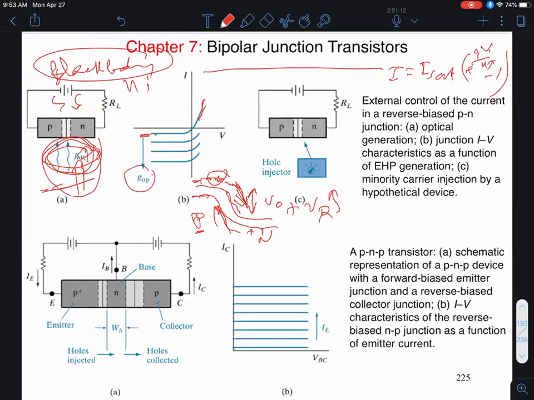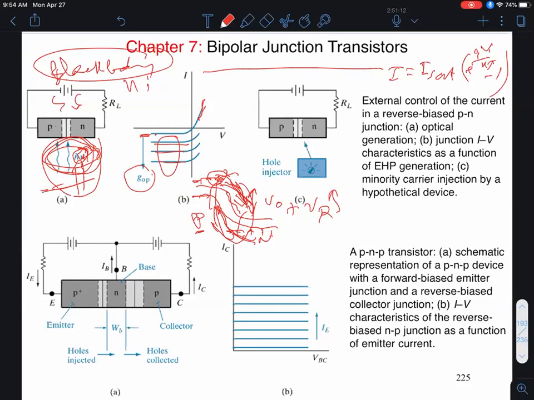We'll see as you shine more and more photons with energy h nu greater than the band gap, you can excite additional electron hole pairs, and those photo-generated carriers will create more supply of carriers, and therefore this leakage current essentially goes up, okay? So here I'm increasing the supply of these minority carriers, hopefully in the vicinity of the junction so that they can be captured via diffusion and then they flow across.